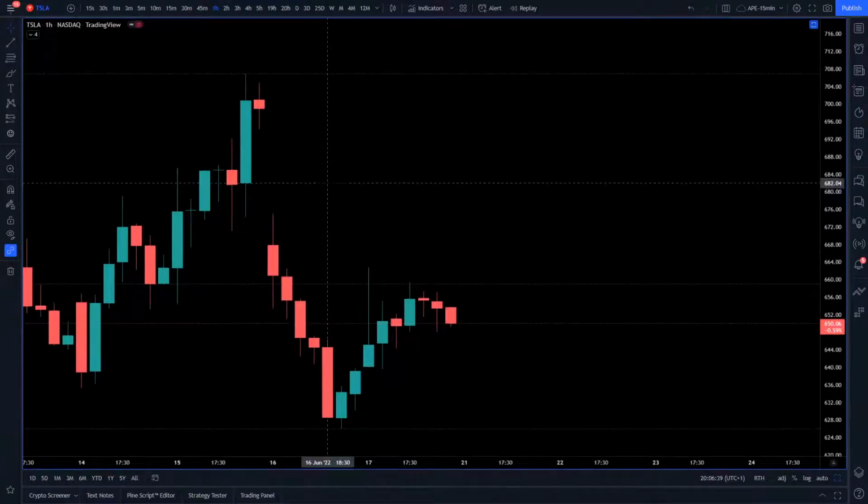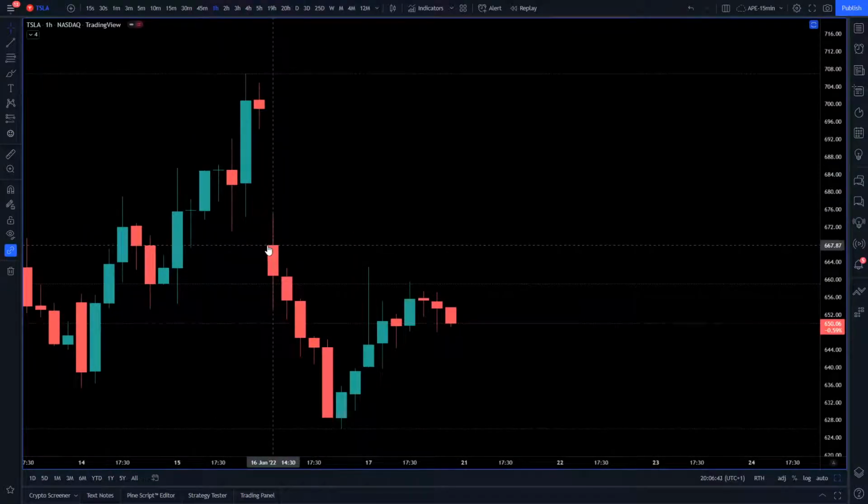For the red one, it starts where the top of the body is, then during its life it went up first and then down, and then it closed here.